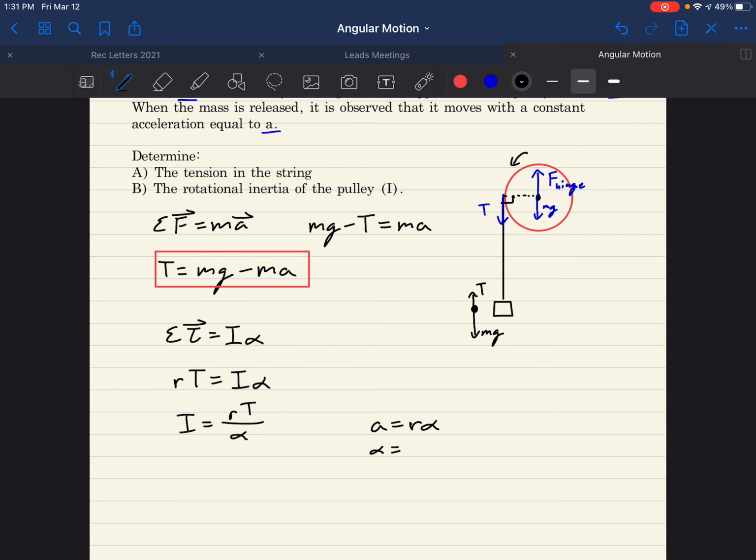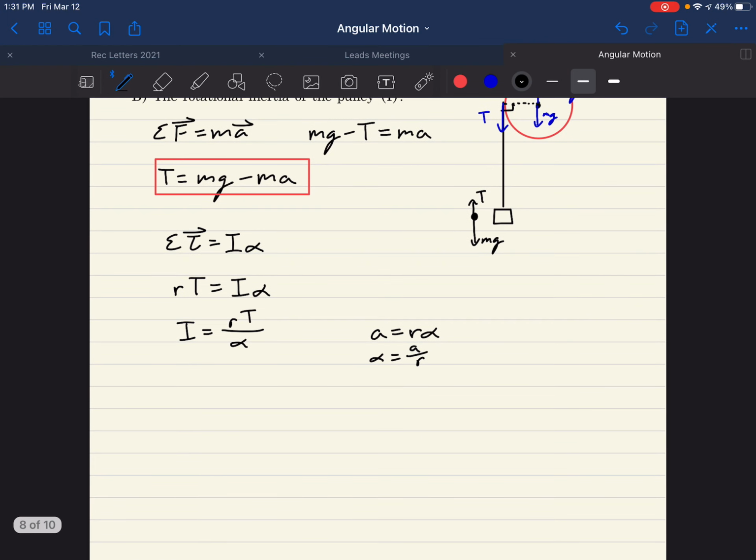So alpha is a over r. And if we plug that in here for I, right, I is equal to r t over a over r. Yes, I'm just checking to make sure that's right. So that's basically r squared t over a.